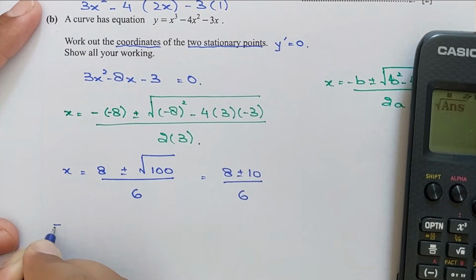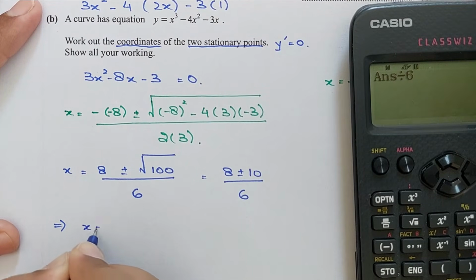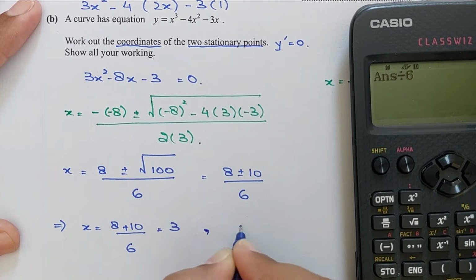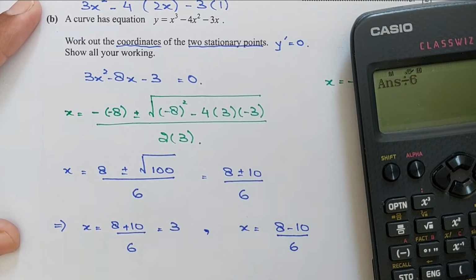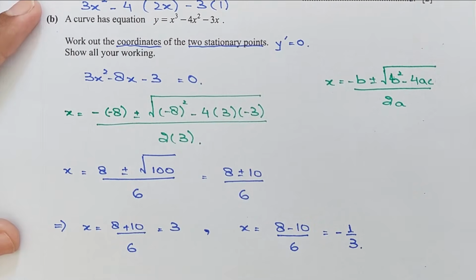We have two values for x. 8 plus 10 divided by 6 is 3, and the other value of x is 8 minus 10 divided by 6, which is negative 1 by 3. These are the two x coordinates of the stationary points.